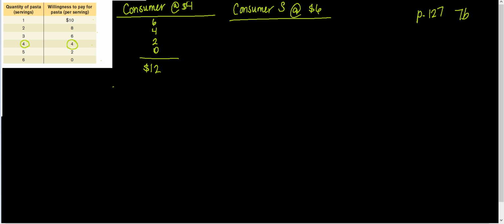So for the first serving, we know that he would be willing to pay $10, but now he's actually going to pay $6. And so our consumer surplus is going to be 4, 10 minus 6. Then for the second serving, he would have been willing to pay $8, but paid 6, and so the surplus is 2.